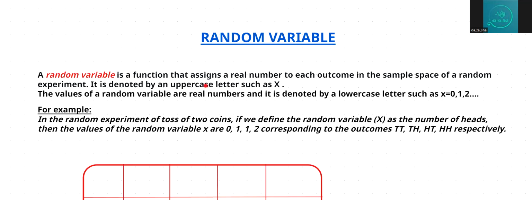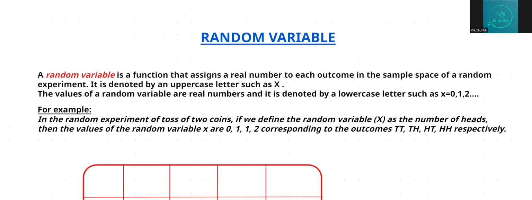So let's start. A random variable is a function that assigns a real number to each outcome in the sample space of a random experiment. So basically, a random variable is always denoted by an uppercase letter like capital X, capital Y, whatever is given in the function, or if you assume, we always take it as a capital X. The values of a random variable are real numbers, like it could be 0, 1, 2, 3, or it could be 1, 2, 3, or it could be 3, 4, 5.